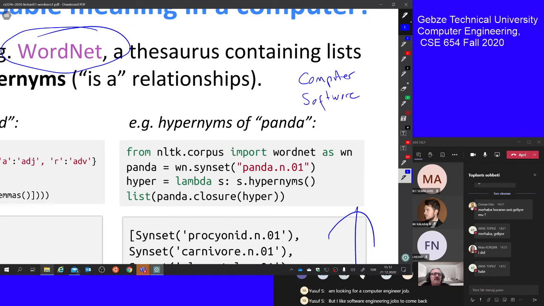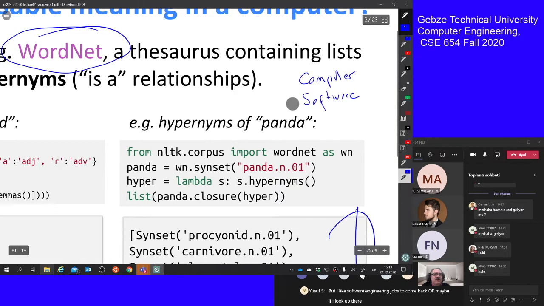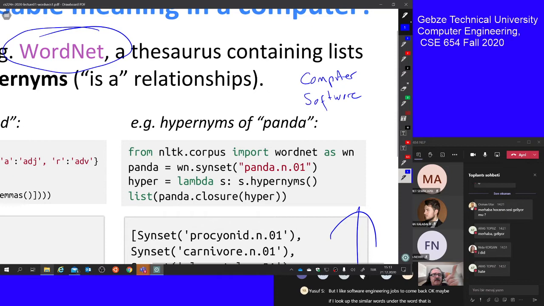Maybe if I look up the similar words under WordNet, it's going to work. So just use WordNet. WordNet is very large. Millions of words are there, millions of relations are there. Just use WordNet to make this kind of lookup. Find the similar words, also the hypernyms and the other kinds of relations.